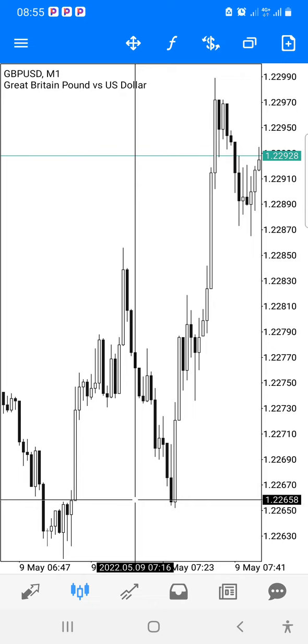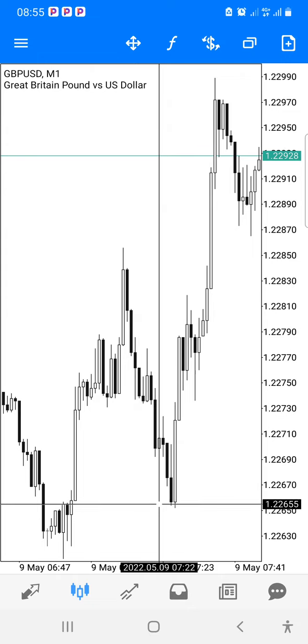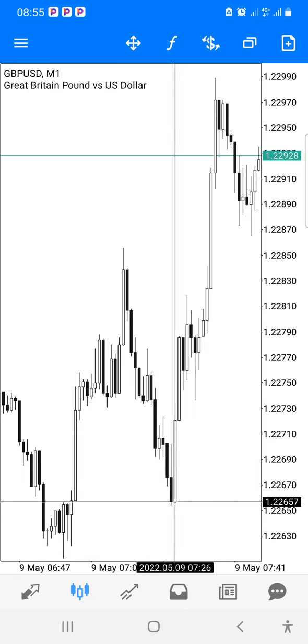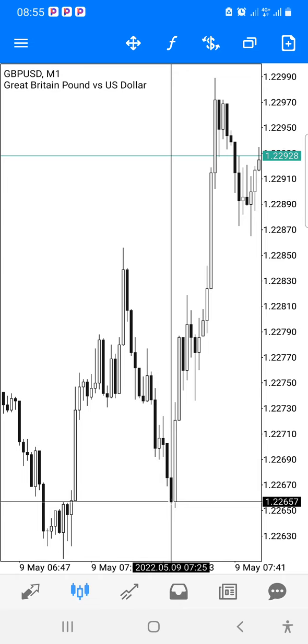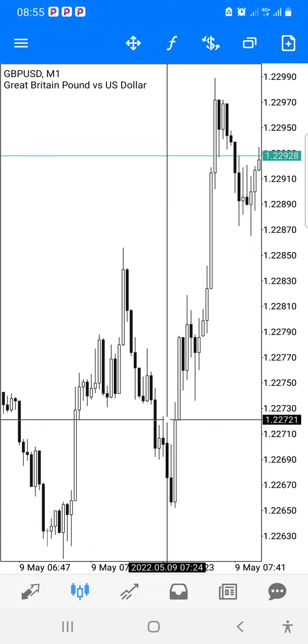For instance, this candle opened at 1.2265 and closed at 1.2272. 1.2272 is higher than 1.2265, so this is a bullish candle, because the opening price is lower than the closing price.